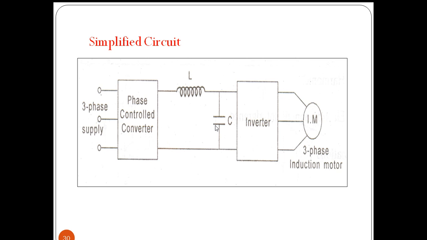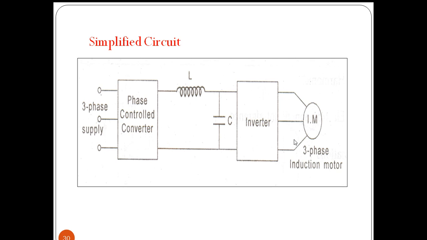This LC circuit is the filter combination which will remove the pulses and other harmonics which are present. That is again sent to the inverter circuit, and this inverter will convert this DC into alternating current with the required voltage and constant frequency.